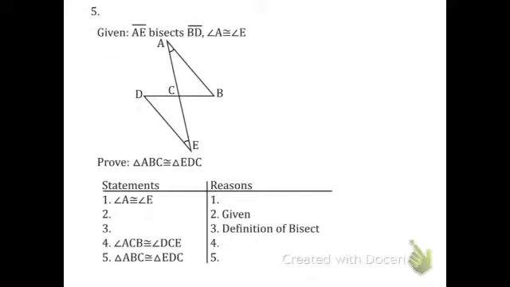Moving on to 5. This one's a little bit different kind of information. AE bisects BD, and we're going to talk about that in just a little bit. We'll fill in these first 2 here. We know angle A is congruent to angle E because it's given, and our next given is this guy here, so I'll write that down: AE bisects BD.